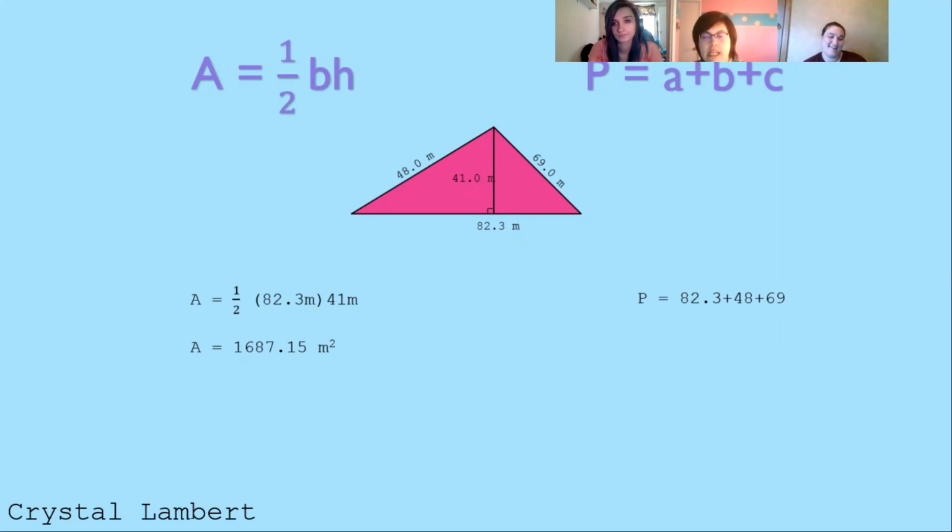So here we look at our fence line of our triangle, and we have P equals 82.3 plus 48 plus 69, and that gives us a perimeter of P is equal to 199.3 meters. And in this instance, we do not square it because we just added. And when you add measurements, you just continue with the same measurement.